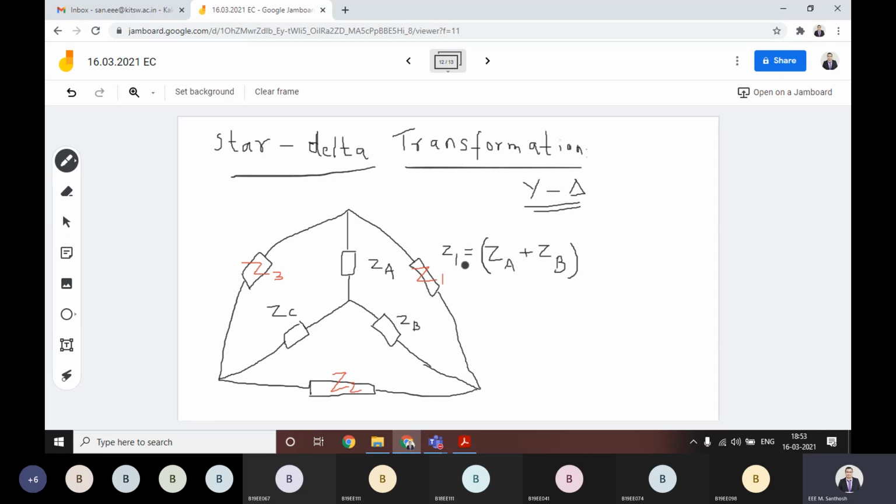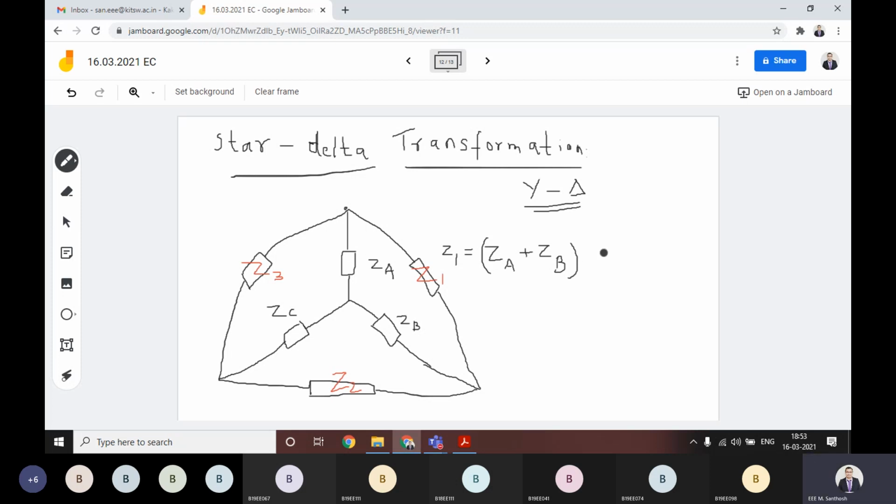First we have to add these two. Z1 is connected in between this terminal and this terminal. For that reason, we have here ZA and ZB.